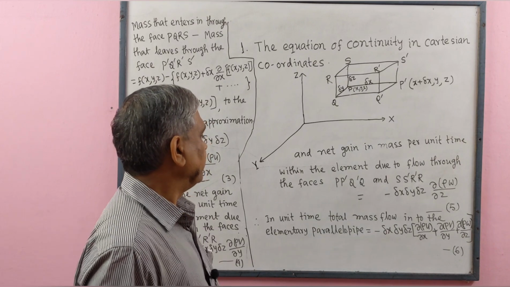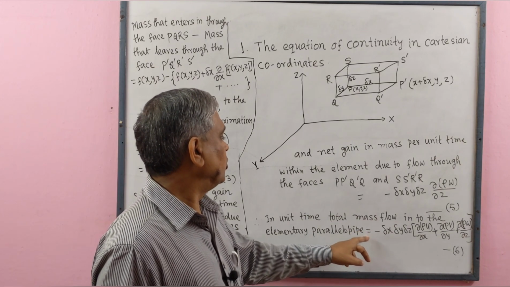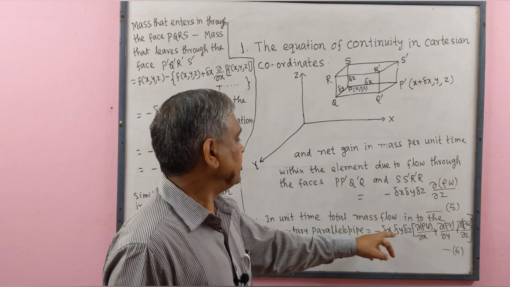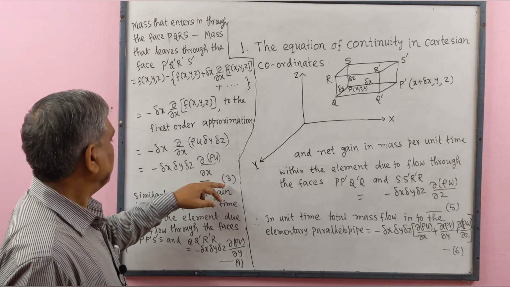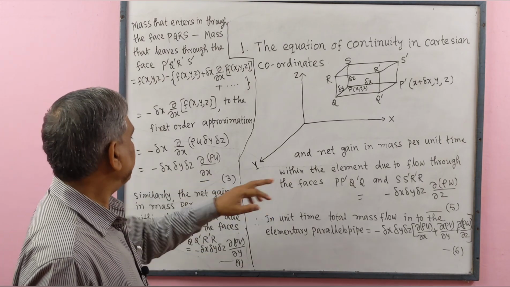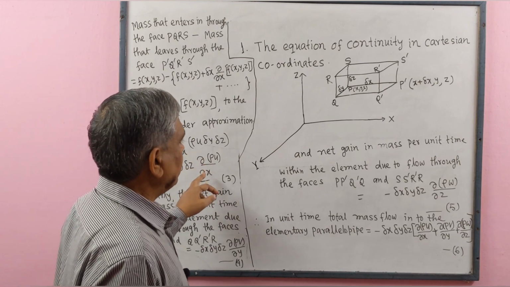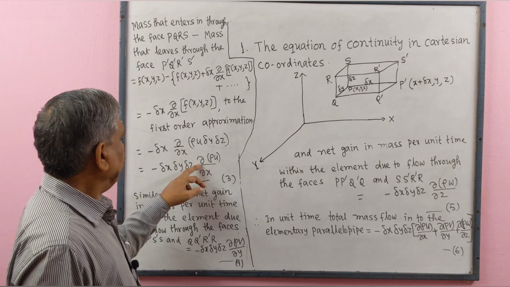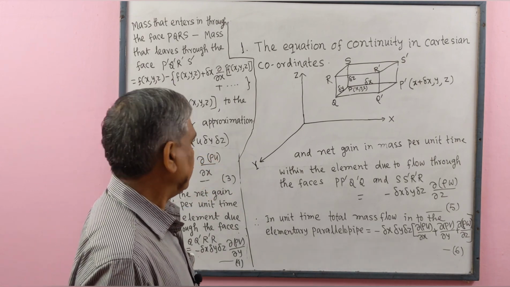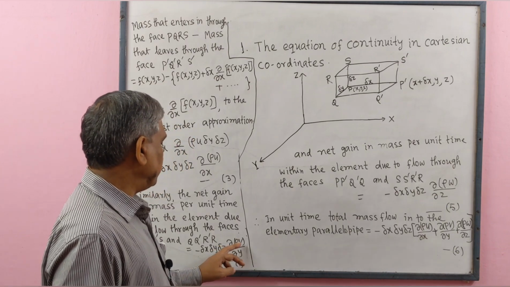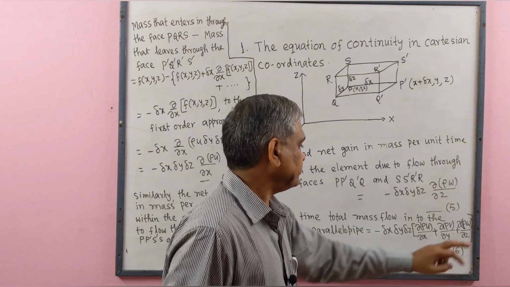The mass will be equal to minus delta x, delta y, delta z common, since in each of 3, 4 and 5 we get this term common, and then del by del x rho u plus del by del y rho v plus del by del z rho w.